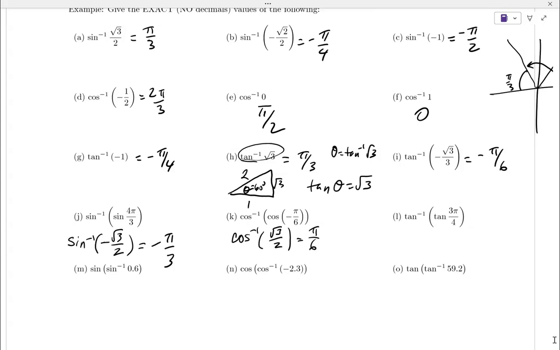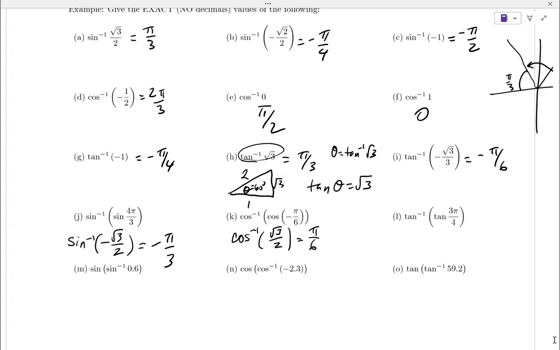Last one here, and maybe another way to think about it is, and I'll go back through the other two and think about it the same way. Maybe this is another way you might want to think about it. Where is 3 pi over 4? It's in the second quadrant. It's over here, right? Is that in the correct restriction for tangent?